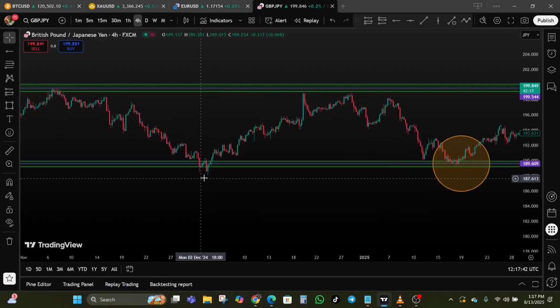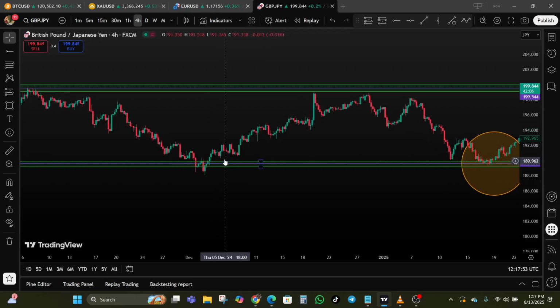You can see that after price broke below this support level, there was a rejection and price climbed back to the upside and even tested this level. Then right after this test, we had a bullish engulfing around here, and another bullish momentum candle around here, giving us a confirmation that the bulls are back in the market. Only after your confirmation do you look for an entry.